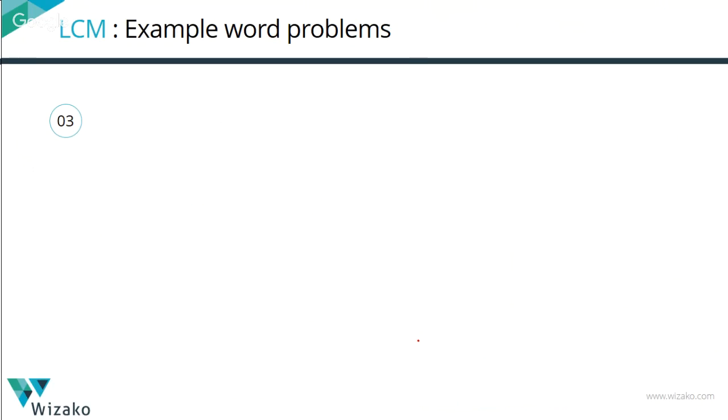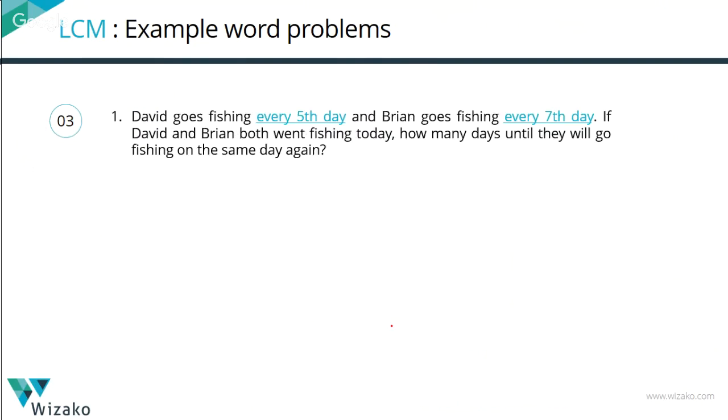So look at a couple of examples again to consolidate this idea. David goes fishing every 5th day. Brian goes fishing every 7th day. If David and Brian went fishing today, after how many days will they go fishing again on the same day? Let's say today is day 0. For David, he's going to be going fishing every 5th day, so multiples of 5 is when he's going to go out fishing: 5, 10, 15, 20, 25, 30, 35.